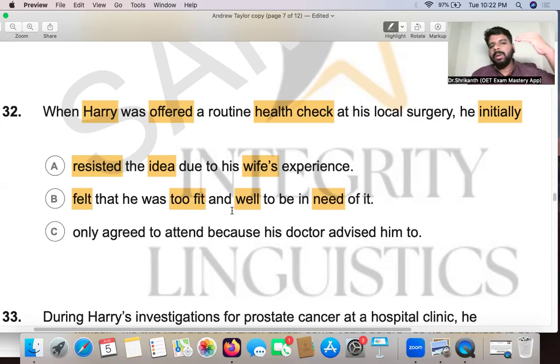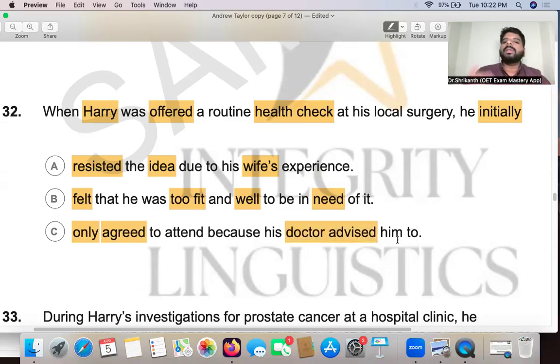All right. Now let's come to answer option C. What did he do? He only agreed. So here he is not resisting it. He is actually saying, okay, I am ready, I agree to undergo the health checkup. But only means what? Just one. There was only one single reason he agreed to attend this health checkup: his doctor advised him.